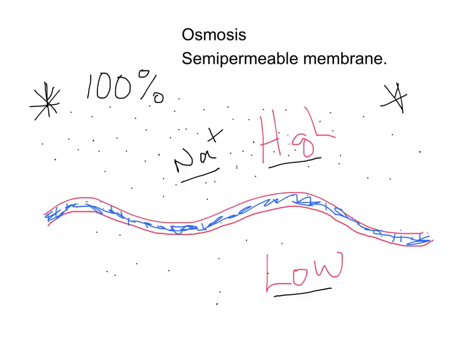If the sodium is on this side high, so let's say it's 80% sodium on this side. It's a lot. What percent solvent is it? The solute, the sodium is the solute, right? The stuff that's dissolved. What percent water is on this side of the membrane? What percent water would be on this side of the membrane if it's 80% sodium?